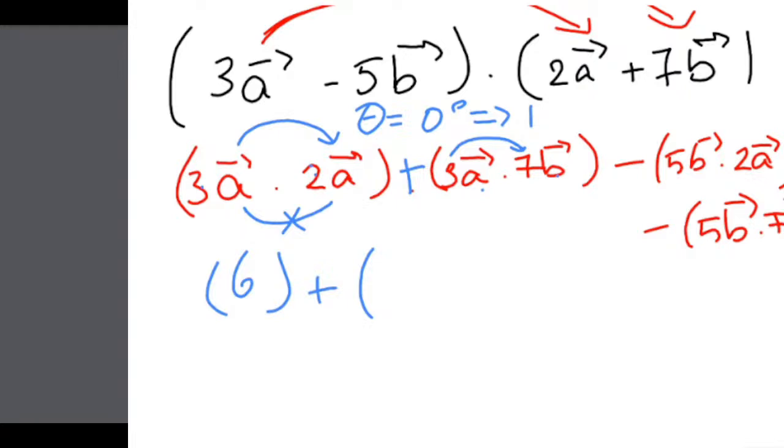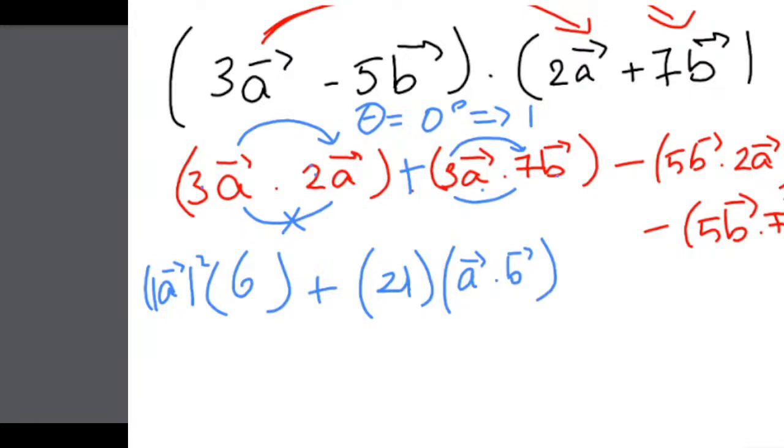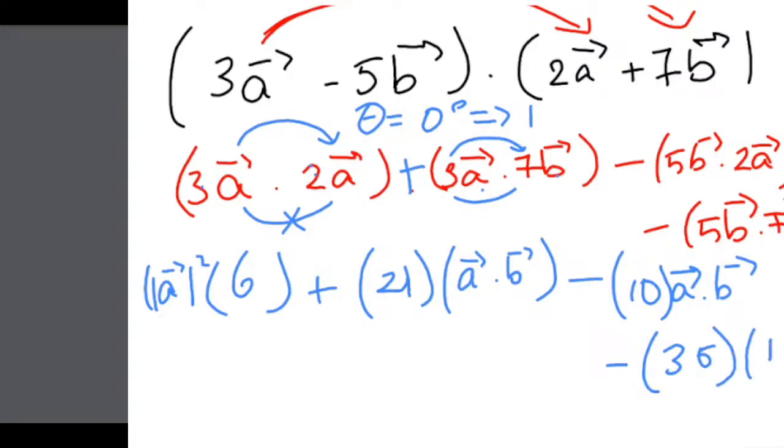Here, since we multiply this, again a vector the whole square will come. Actually sorry, magnitude of a vector the whole square will come. So here what can we do? 3 into 7 is 21 into a vector dot b vector, minus here again 5 into 2, 10 a vector dot b vector, then again minus 5 into 7 is actually 35, and again b vector the whole square, right.